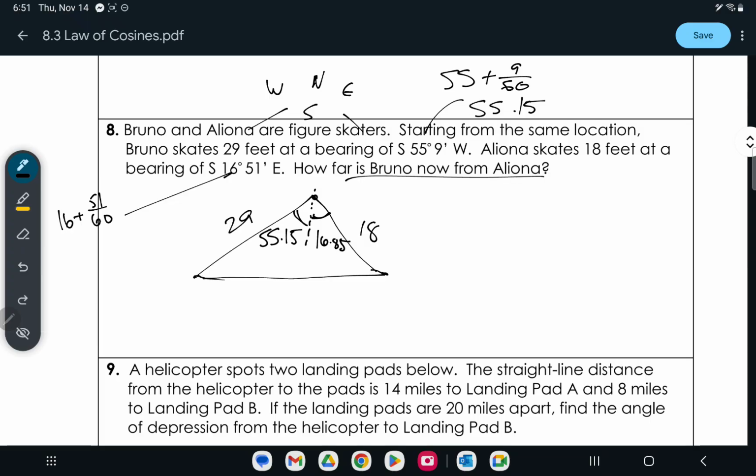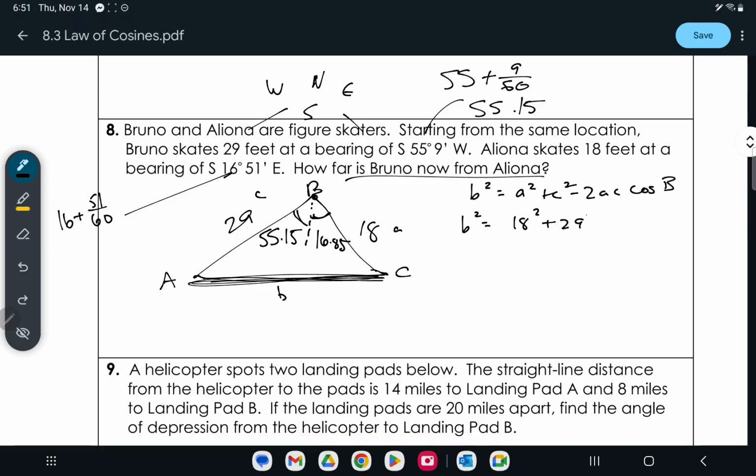Well, one's here, so we want to find this distance here. So A, B, C, little b, little a, little c. So b squared equals a squared plus c squared minus 2 times a times c times cosine of b. So b squared equals 18 squared plus 29 squared minus 2 times 18 times 29 times cosine of the addition of those two, because I need the whole angle.